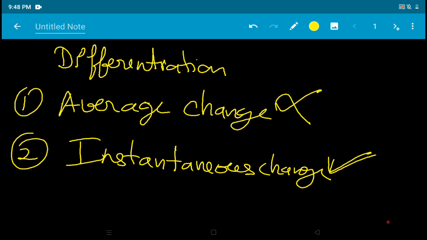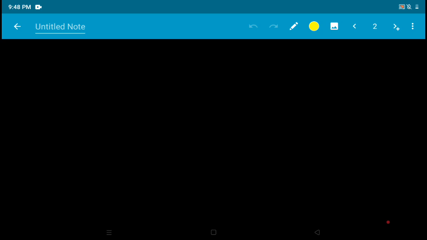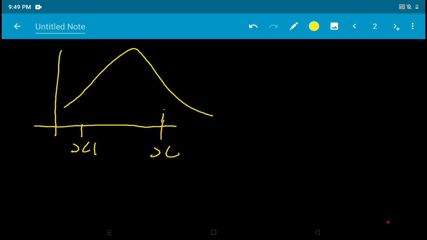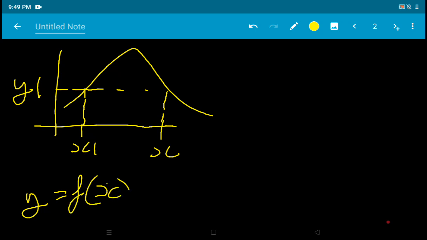So starting with average change. Here this is a function, with points x1 and x2. Y is a function of x, f of x, where x is the independent variable and y is the dependent variable.